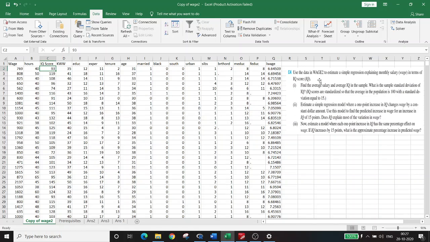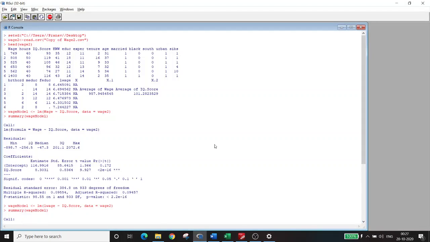So this is the solution to this question. I have also solved this question in R. So let me just take you there. On R, first I have set my working directory because the Excel file is saved on my desktop. So I set my working directory. Then I give a name to my CSV file.